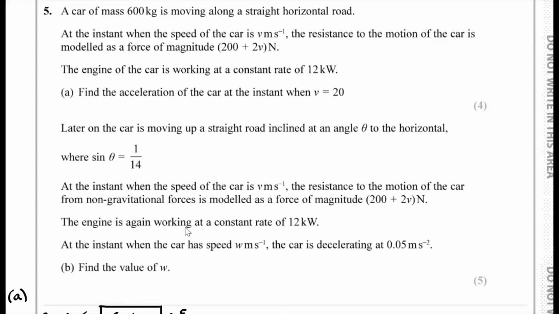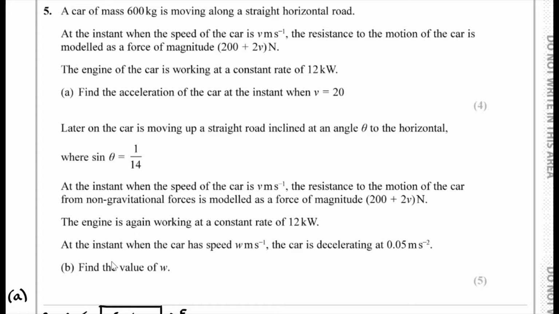The engine is again working at a constant rate of 12 kilowatts. At the instant when the car has a speed w meters per second, the car is decelerating at 0.05 meters per second squared. We have to find the value of w.